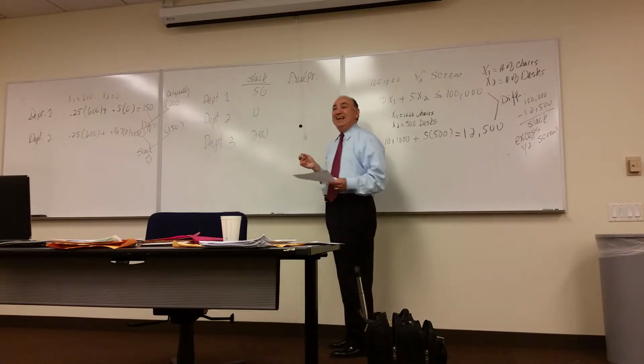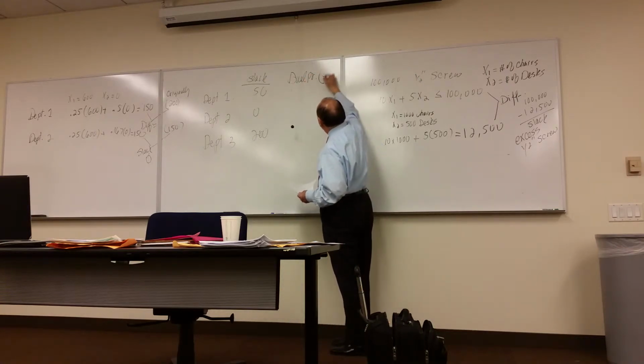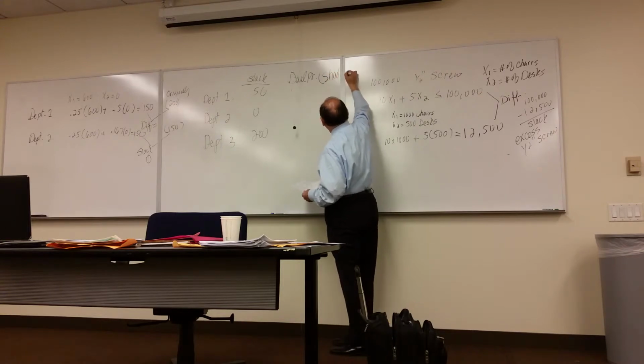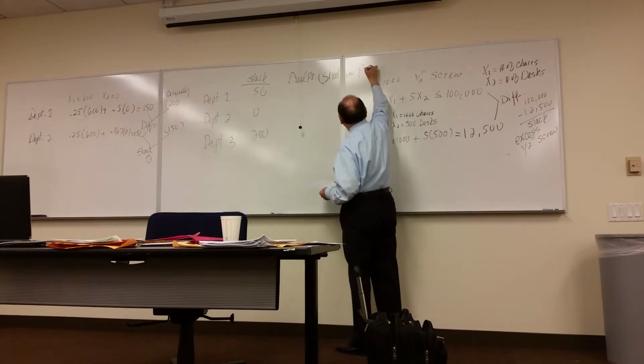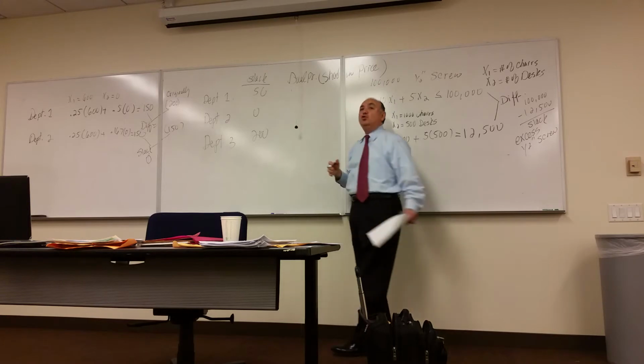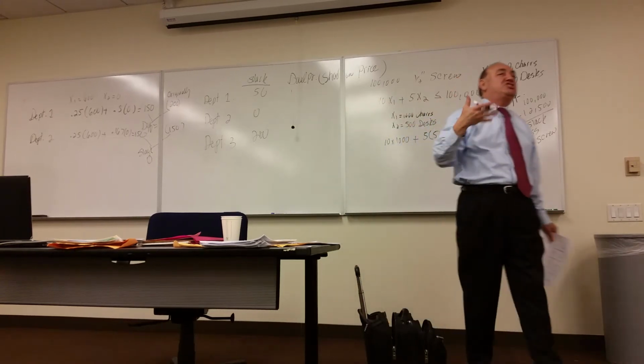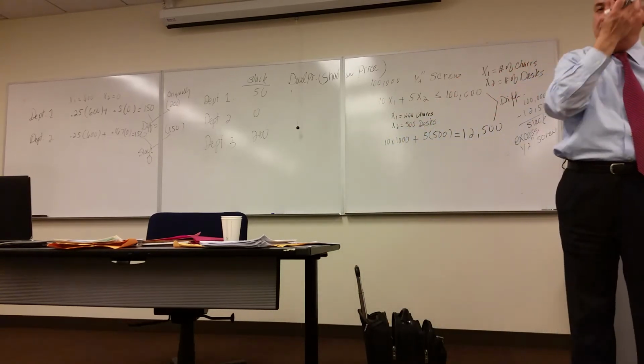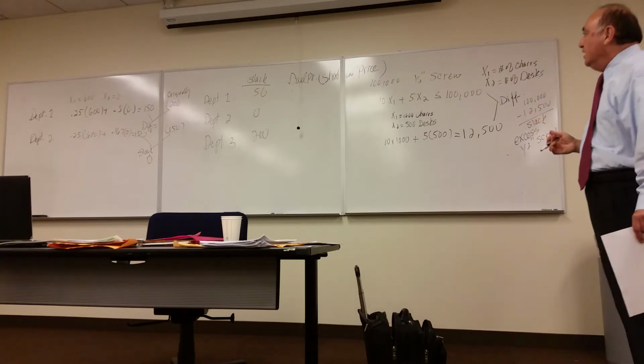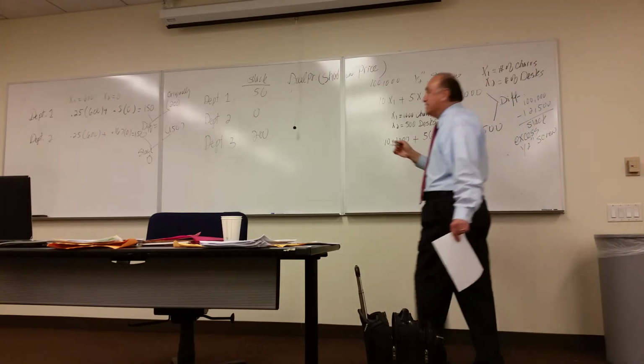Your Excel calls this shadow price. Some texts call it dual price, some call it shadow price. So two different terminologies are being used for this.